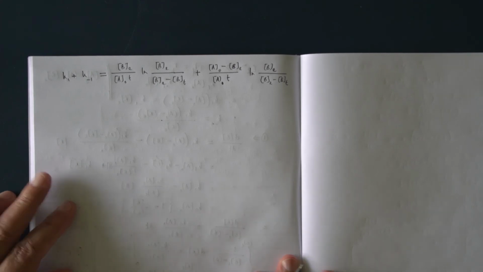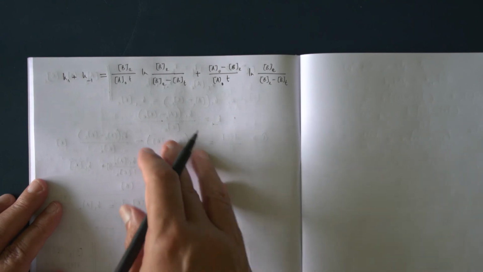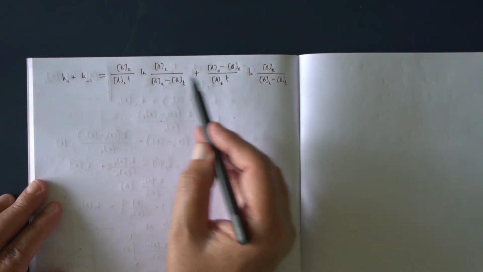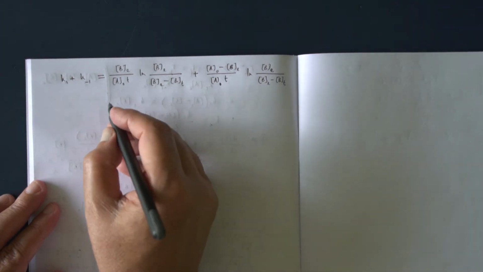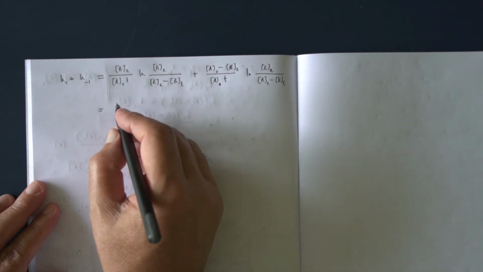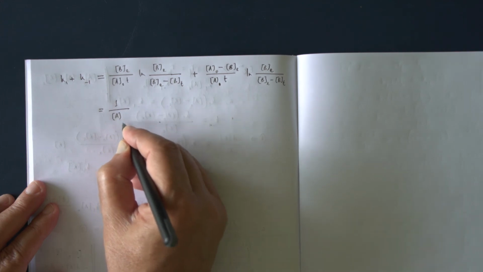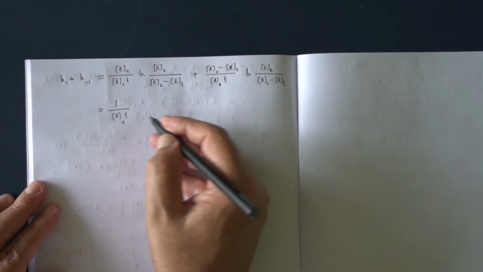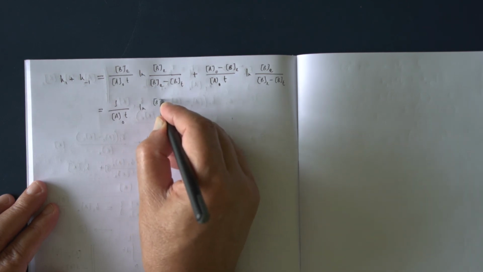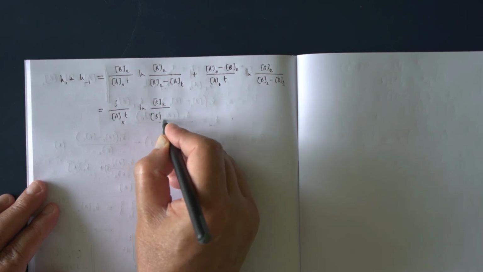Okay, now we can simplify this. How to simplify this? We can take this common. What are the things we can take common? 1 by a naught t, this we can take common, then ln be by be minus bt.